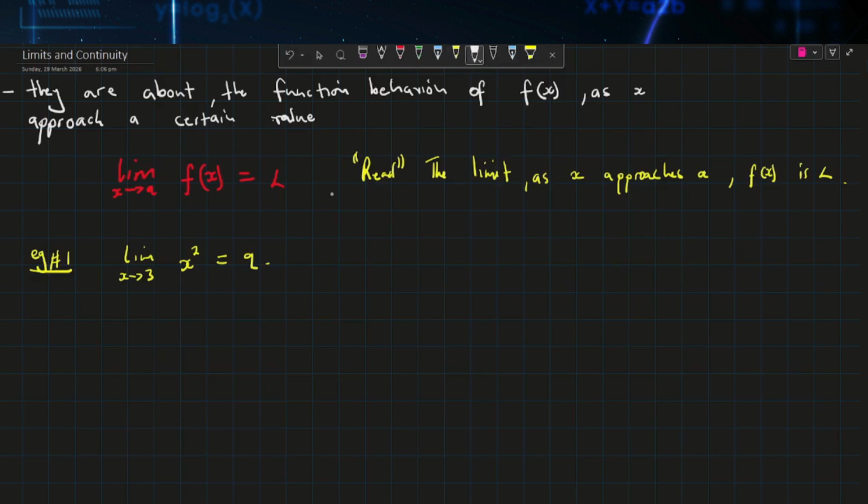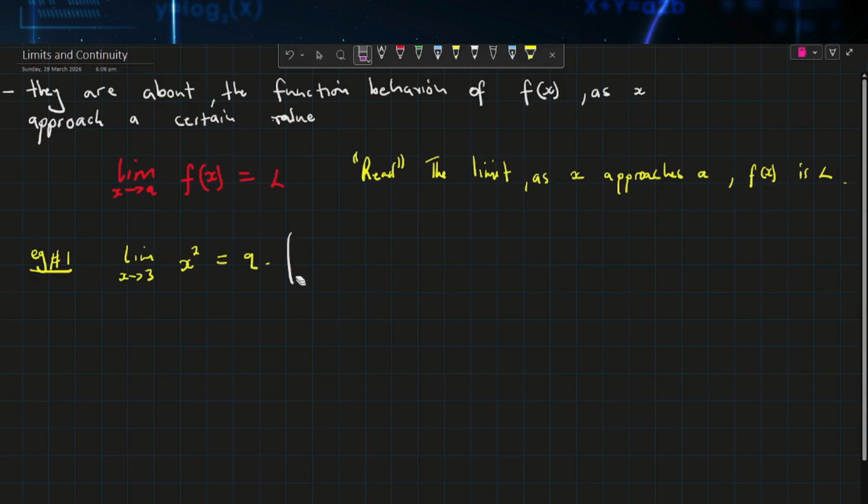We are saying that if we get arbitrarily close to this number, it simply means if x is approaching 3, we are arbitrarily approaching 9.